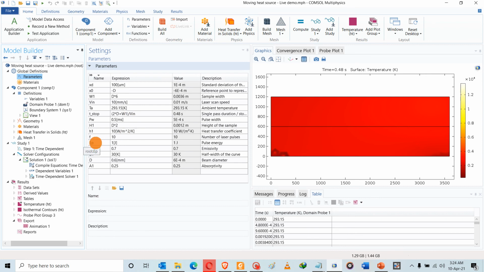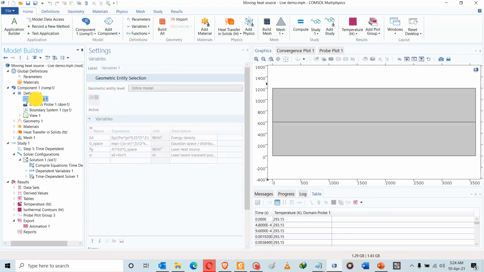We also had to insert the pulse energy, the pulse repetition rate, and the heat transfer coefficient. We also inserted the absorptivity. And then after that, we went to variables and we inserted the laser heat source equation.